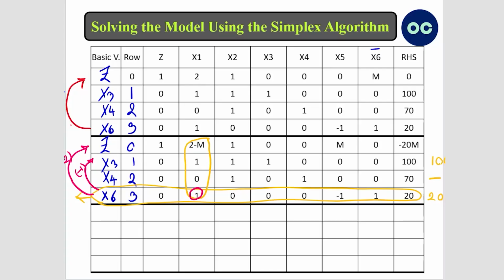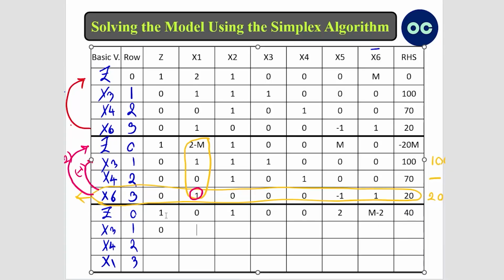By doing this, we can reach the next table: z, x3, x4, and x1, with columns 0, 1, 2, 3. After the row operations, row number 0 and row number 1 are 1, 0, 1, 0, 0, 20, and minus 2, and the objective function is equal to 40.